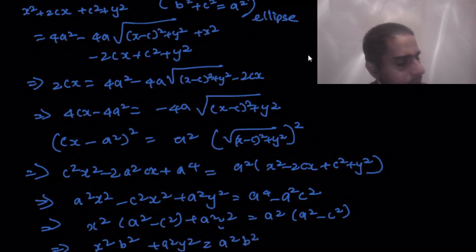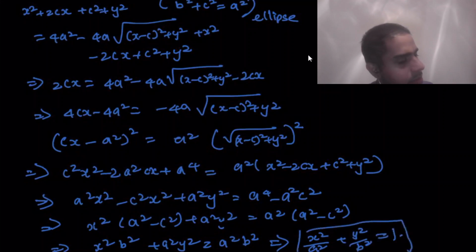Dividing by a square, b square throughout, we get... So this is the standard equation of ellipse, and this is how we have derived it by using the definition of ellipse, that is the distance between the point on the ellipse and two foci lengths.